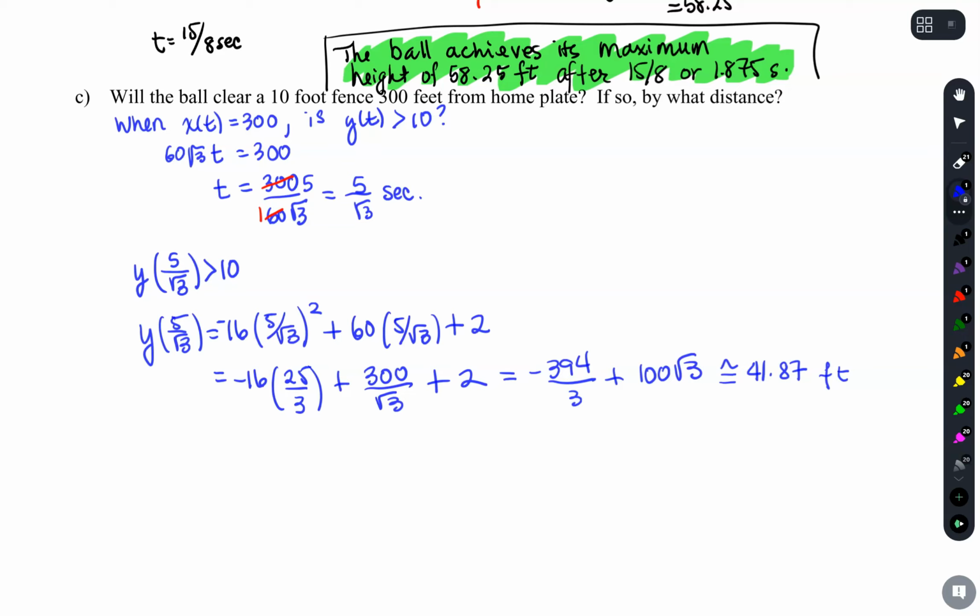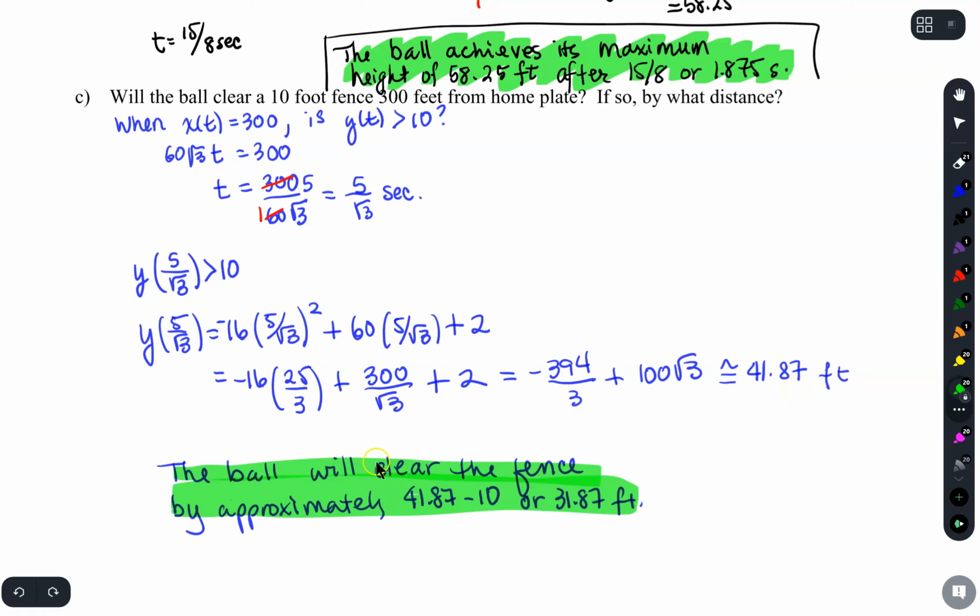Okay, so when the ball is 300 feet away from home plate, will it clear this 10-foot fence? Well, the fence is only 10 feet tall, and notice that the ball will still be almost 42 feet in the air when it gets to the fence.